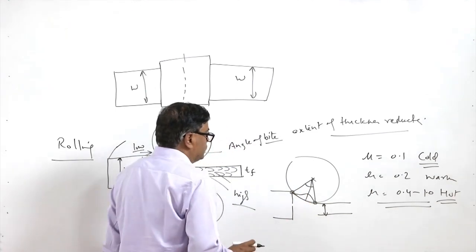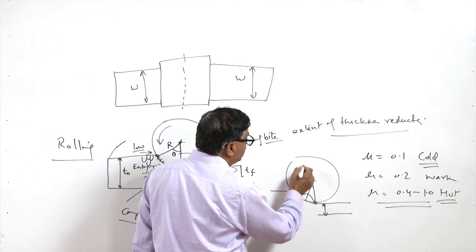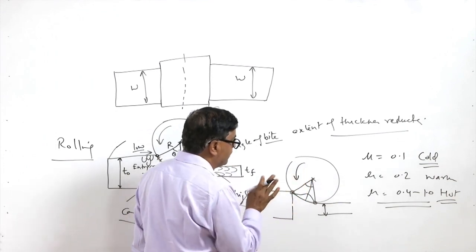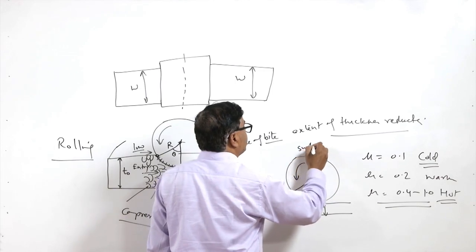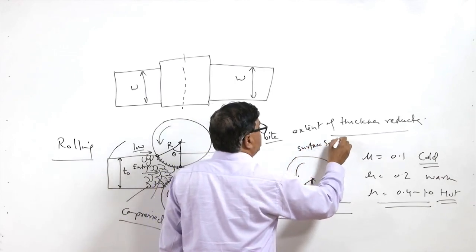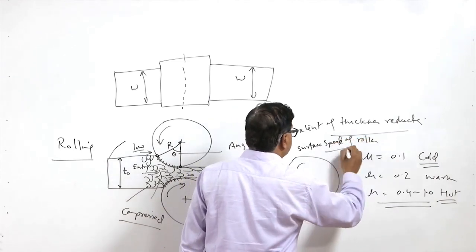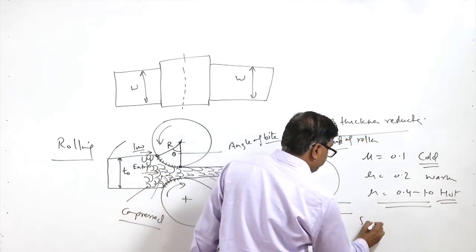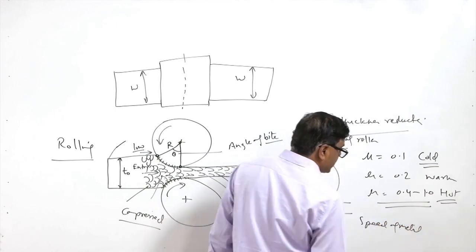So, what is this neutral plane? We see that the roller is rotating at a certain speed. So, there is a surface speed of the roller and there is some speed of the metal which is entering.